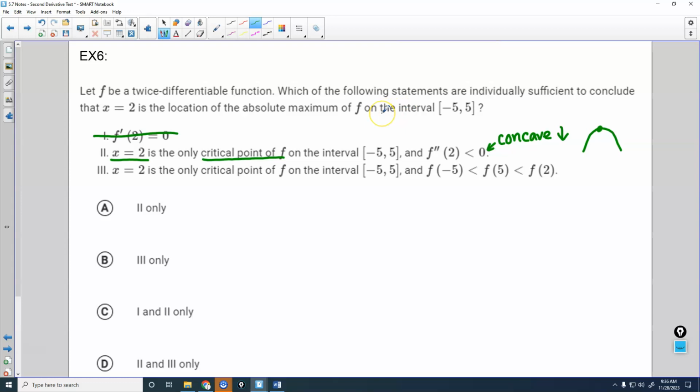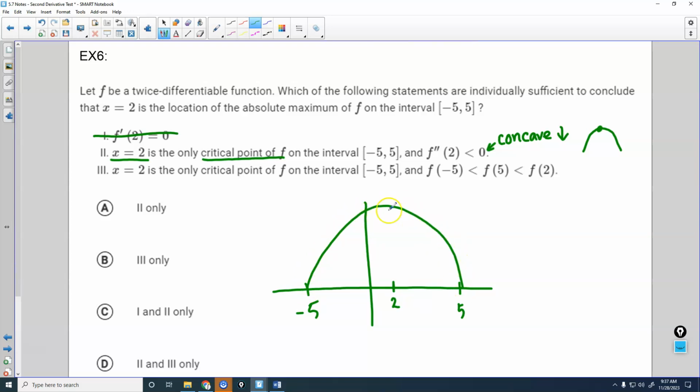Okay, let's think about it for a minute. We're looking at a graph here from -5 to 5. There is only one critical point, and it happens right here at 2. So my graph has to do something like this. Because if I'm concave down here, I would have to switch to concave up somewhere to get another critical point.